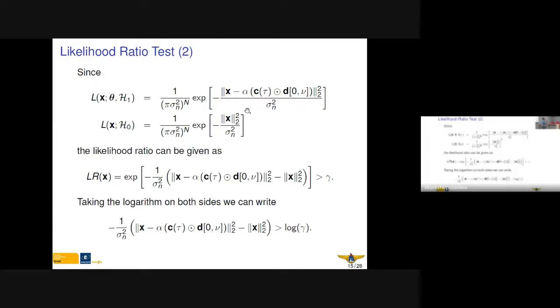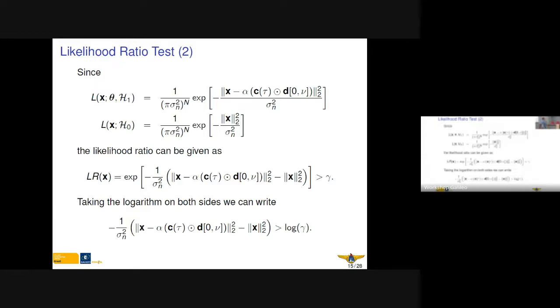The likelihood ratio can be given by this. When we plug this in the LR, we get the likelihood ratio as the exponential function as given here, and this should be larger than the threshold gamma, which can be derived from the desired probability of false alarm.